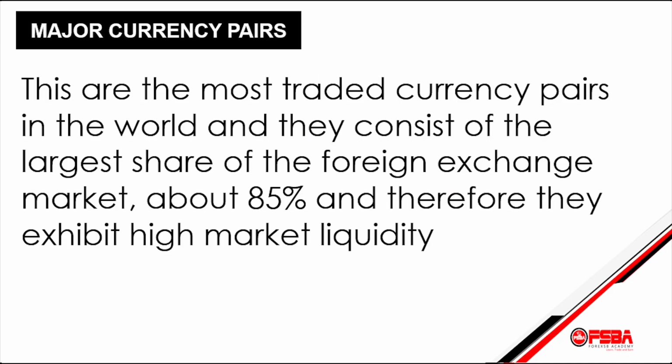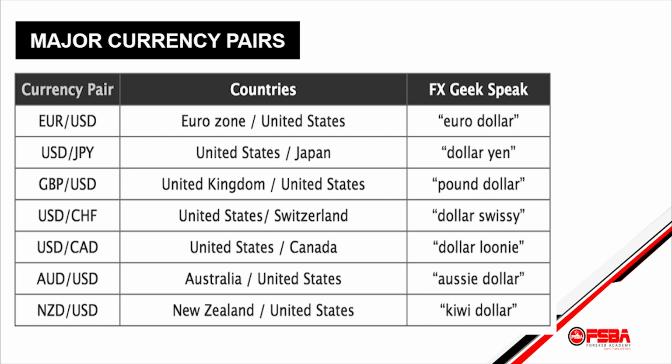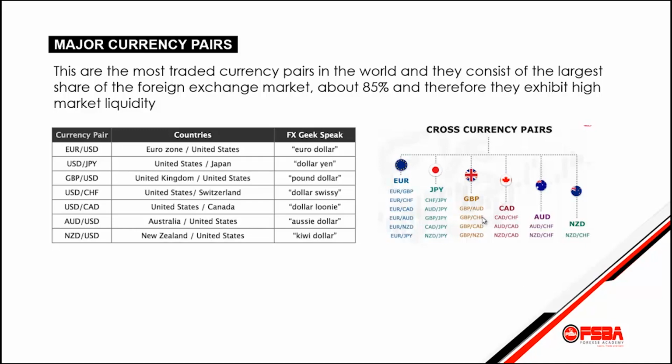So major currency pairs. These are the most traded currency pairs in the world, and they consist of the largest share of the foreign exchange markets, about 85%, and therefore they exhibit high market liquidity. So the major currency pairs have high liquidity and they are traded mostly by a vast number of players, which are the market makers, the intraday traders, the individual traders, banks, and the likes.